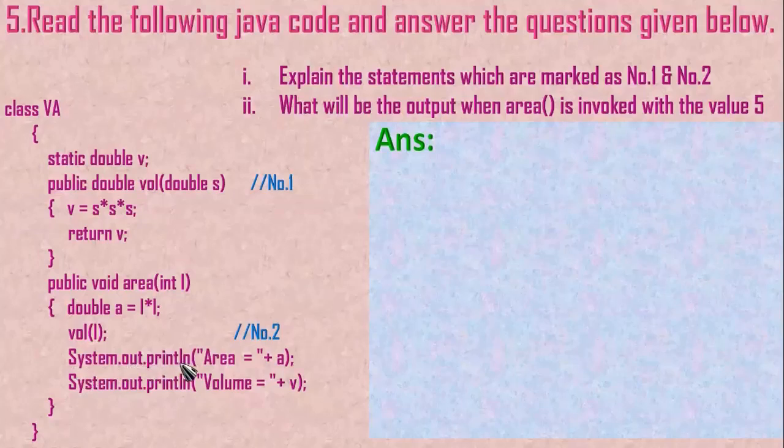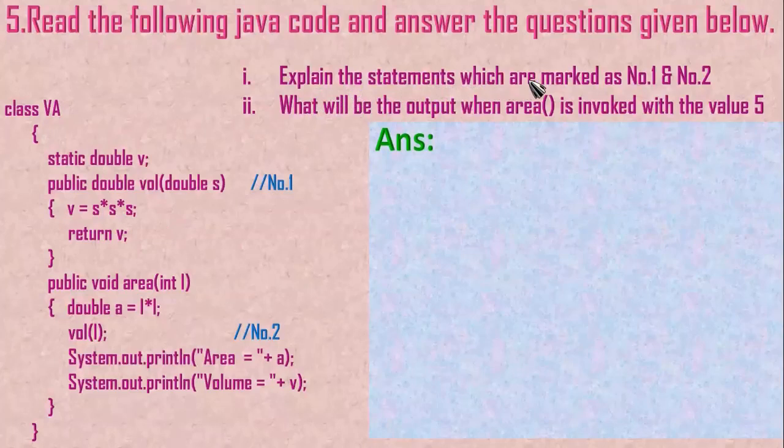Then system.out.println of area is equal to plus A. So A's value will be L into L, whatever is passed here. So it will give the square of that. Then system.out.println of volume is equal to plus V. So the value is passed here from the actual parameter to the formal parameter. That value it will get. So it will be the value of L.